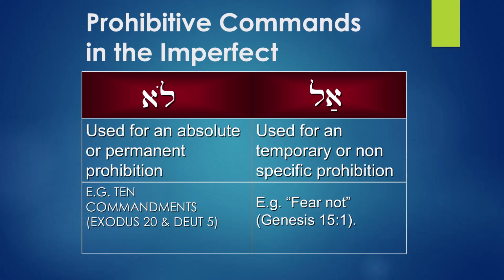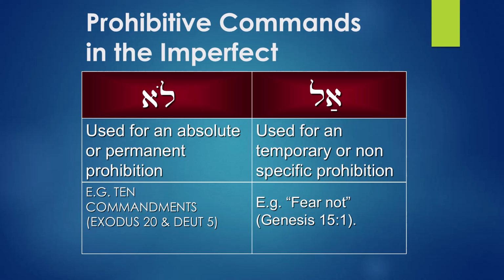And there are two negative particles that are used to show prohibition. The first one is al. Al expresses immediate prohibition. And the second one is lo. Lo shows permanent prohibition. Al is used for temporal, immediate prohibition, and lo is used for permanent prohibition.